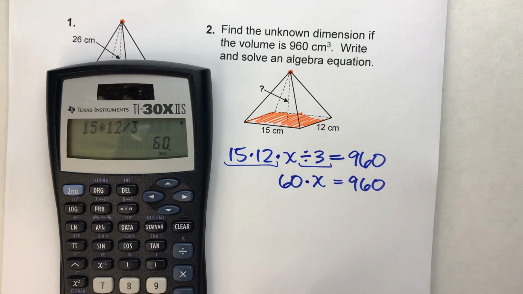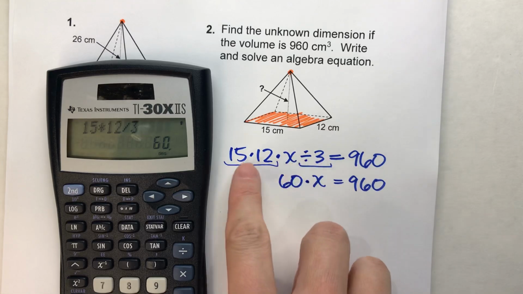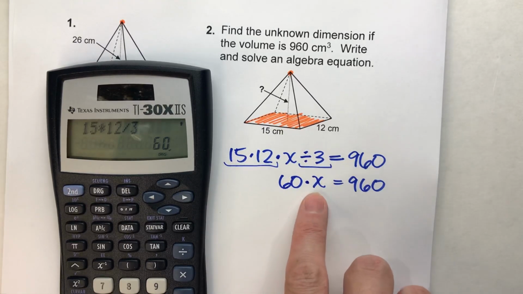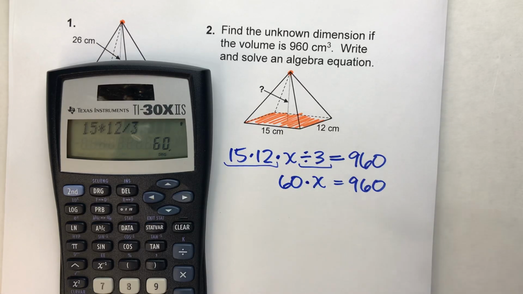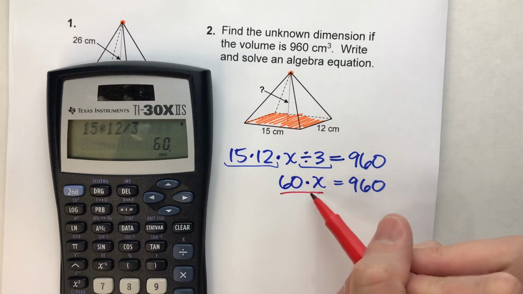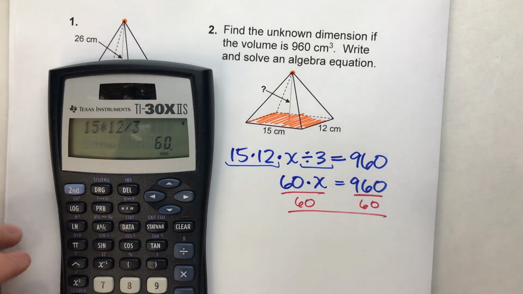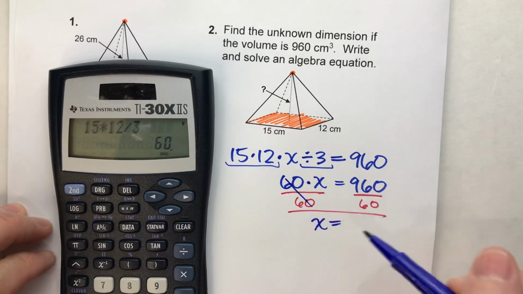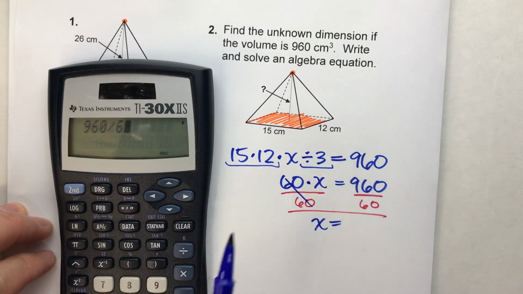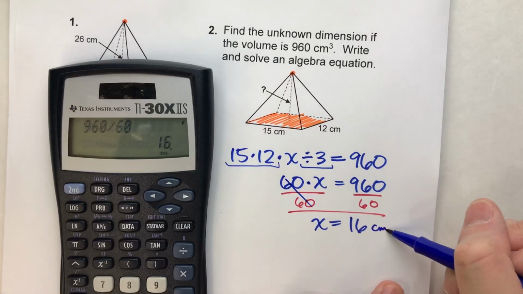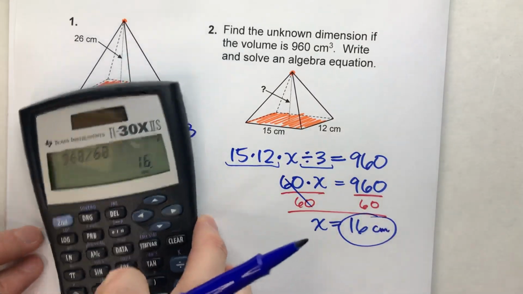And that's a lot easier to work with. I mean, you could undo each piece and solve this equation in 3 steps. I prefer to do it in 1. Okay, so I simplified this. Now I can just divide both sides by 60, and I've got my height. So x equals whatever 960 divided by 60 is. Hey, 16. So that height is 16 centimeters.